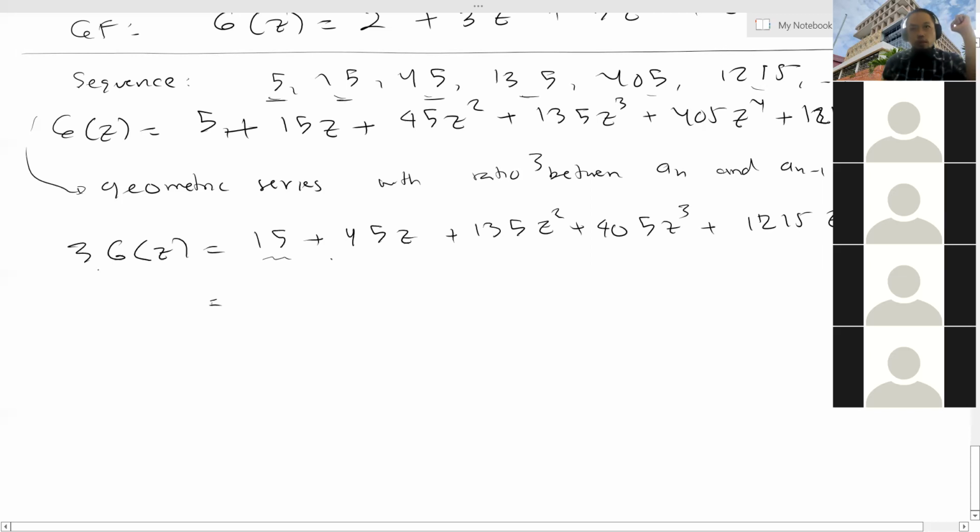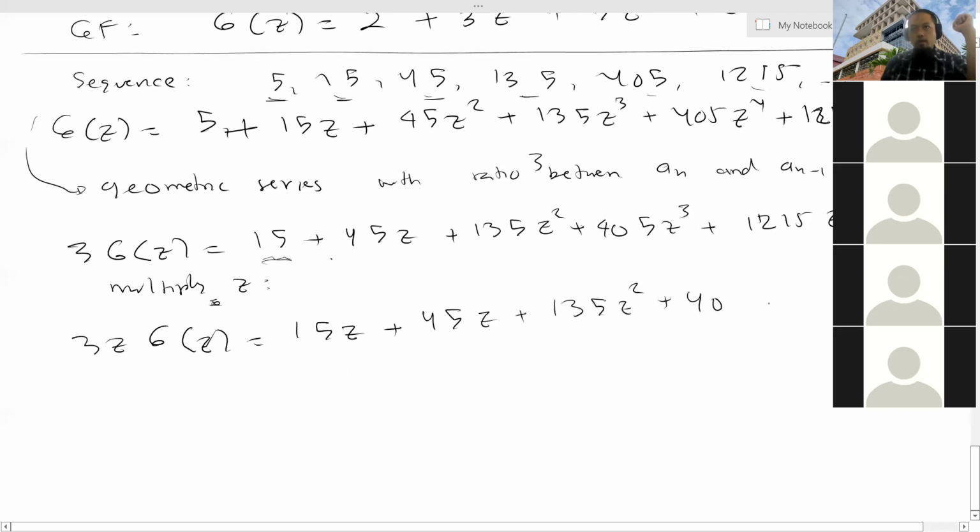Now if we multiply this by z, you have 3z times G(z) is of course 15z plus 45z squared plus 135z cubed plus 405z to the 4, and so on, right?